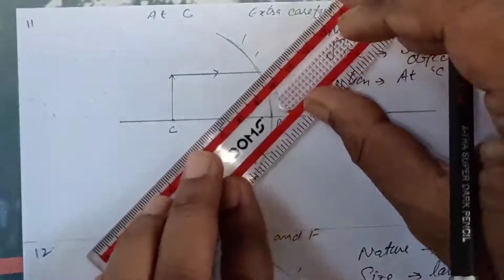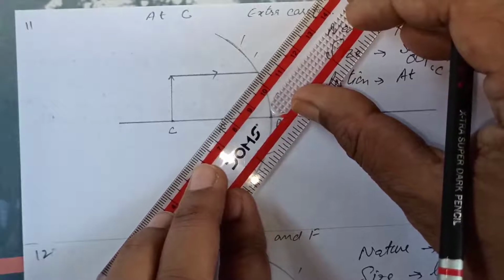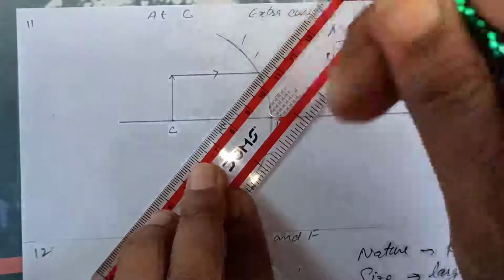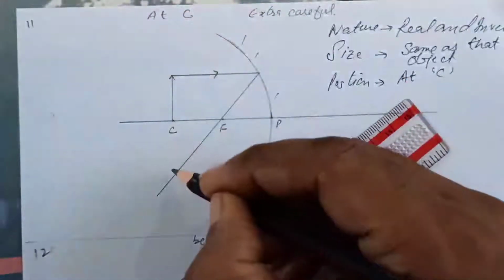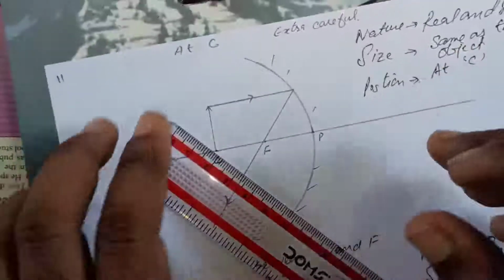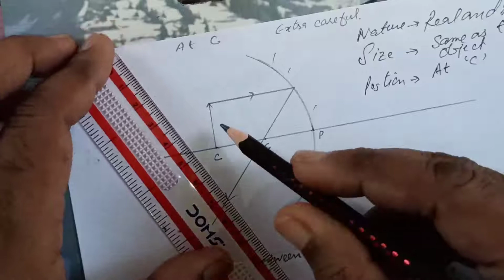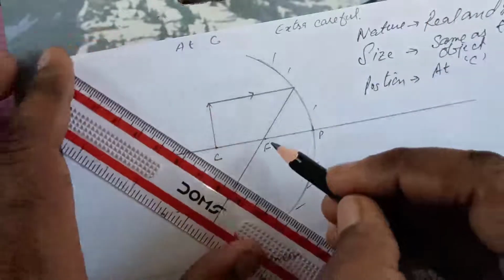Right, then it passes through F. Passes through F after reflection. And another ray I am making, which is passing through F now. See, I commit a mistake.